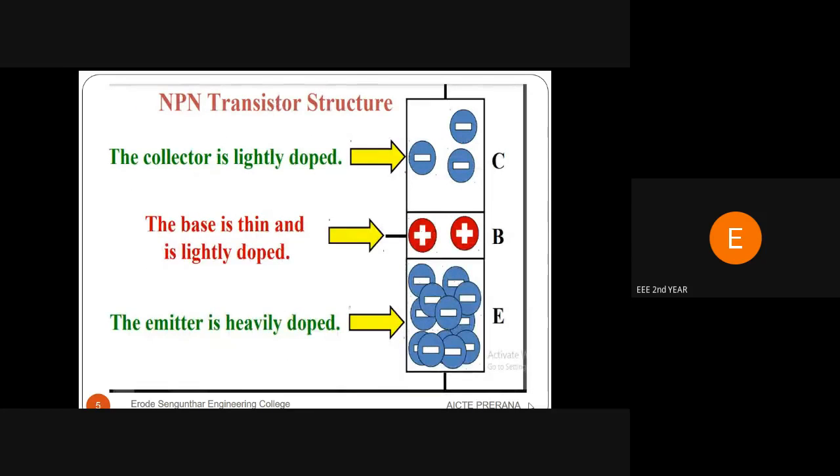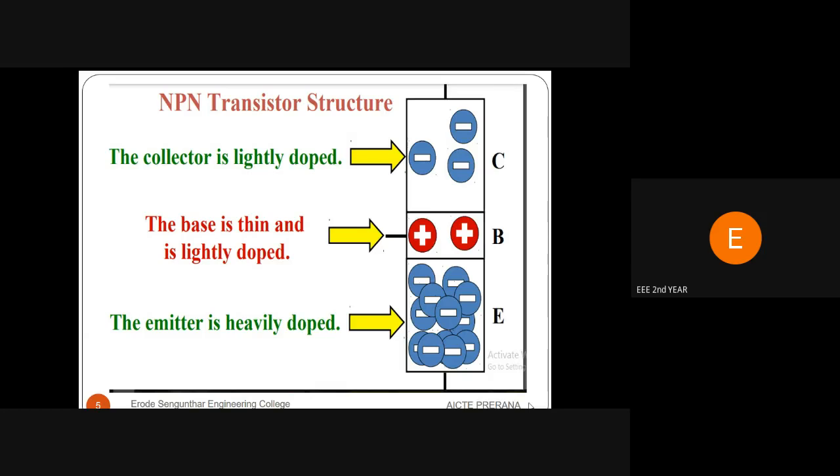The figure shows the NPN transistor doping structure. In the figure, the bottom is the emitter region. The emitter region is heavily doped, so it has a large number of electrons. The second region is the base region. It is the middle region. It is a thin and lightly doped region, so it has fewer holes.